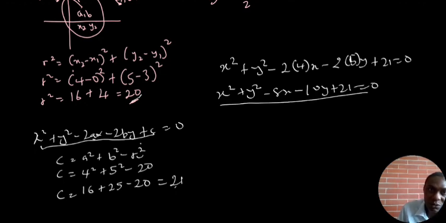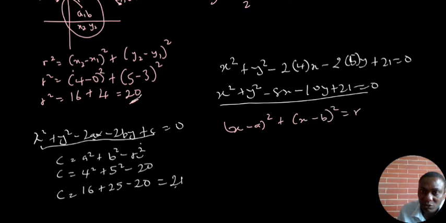Then I'm going to apply the other method again. x minus a all squared plus y minus b all squared is equal to r squared. So I'm going to have x minus 4 squared plus y minus 5 squared equals 20, that's r squared.